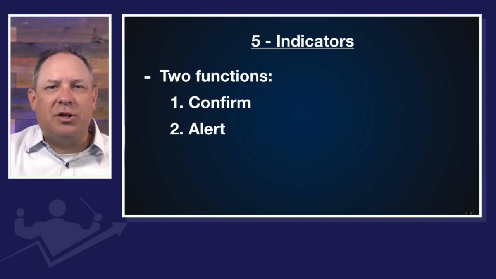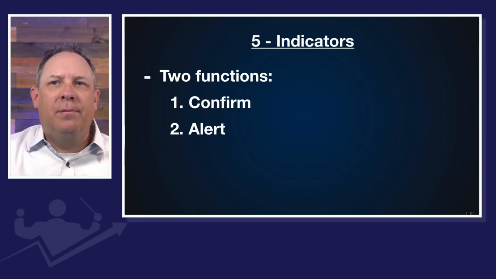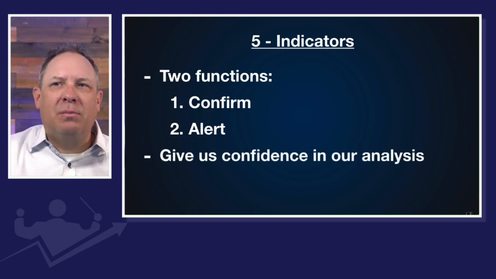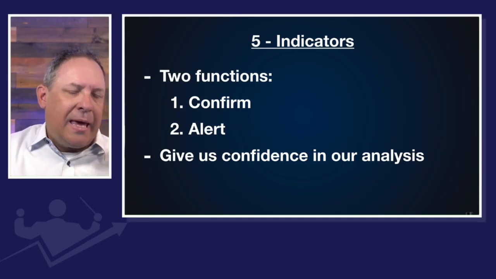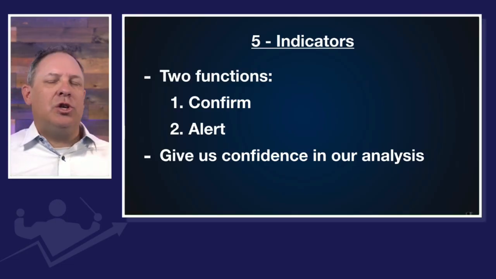Those are the only 2 functions of indicators: confirm what we already knew or alert us to something we did not see. And the reason we use them is they give us more confidence in our analysis. It's that simple. So let me liken our indicators to the gauges in your car.